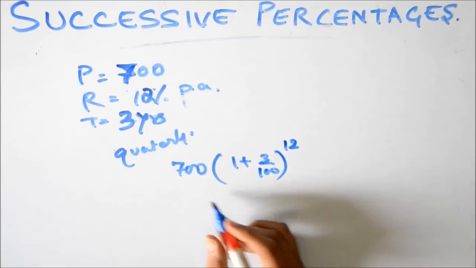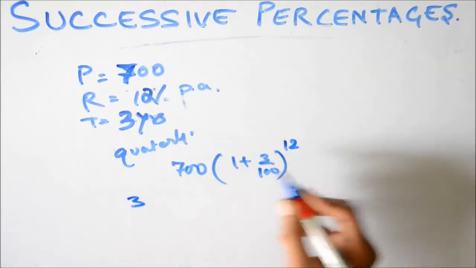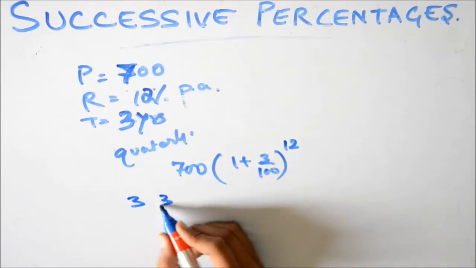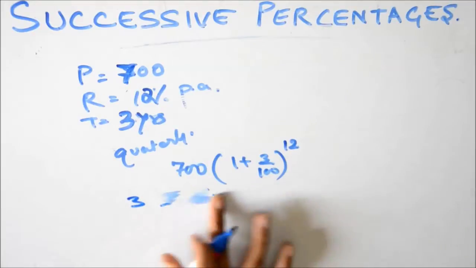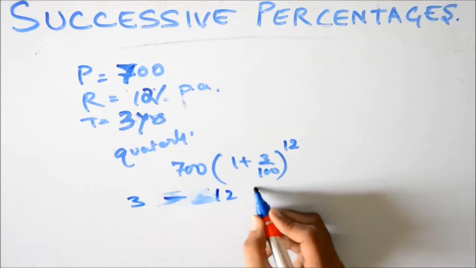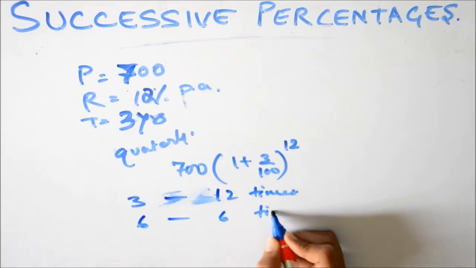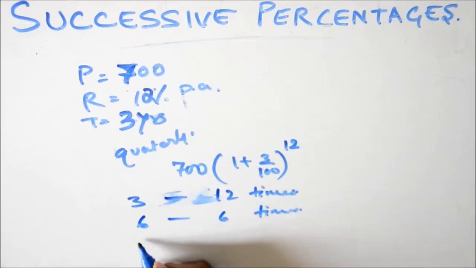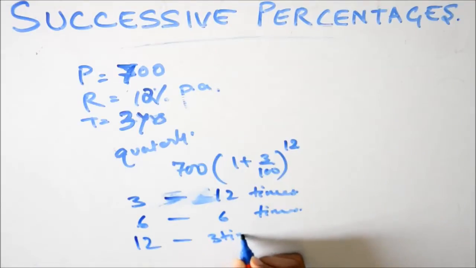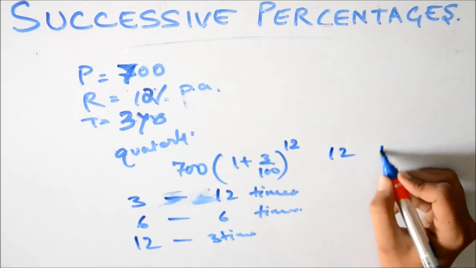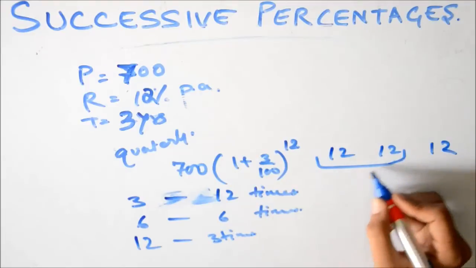Okay. Now this you can, instead of 1.03 12 times, you can write it as 3, 12 times. If you club 2, you can say 6, 6 times, right? Approximately 6. You can say 12, 3 times, right? Now if you take 12, 12 and 12, this is 25.4.